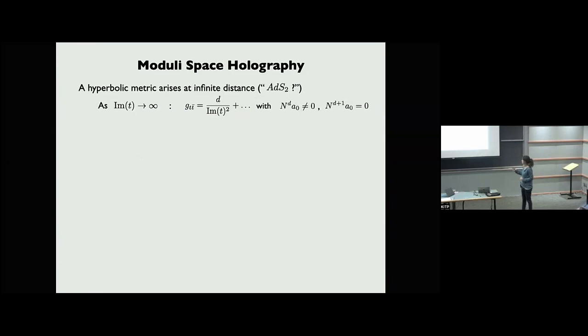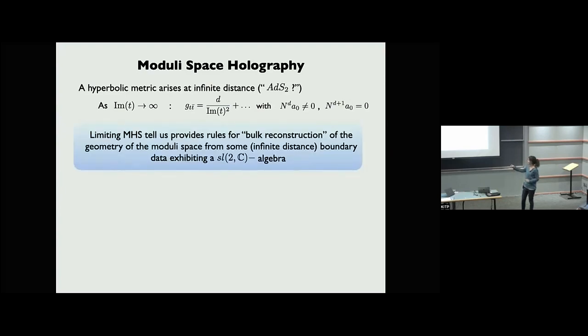Quickly, the other point is that something also happens when you use these theorems: when you go to the infinite distance, you always get some sort of hyperbolic metric, like an AdS2. And these theorems of Hodge structures are actually telling you, it's not necessarily a duality, so far it's just a mathematical map, but they tell you how to reconstruct the geometry, the bulk information, from some data at the infinite distance boundary that exhibits some SL2C algebra, which are these monodromies.